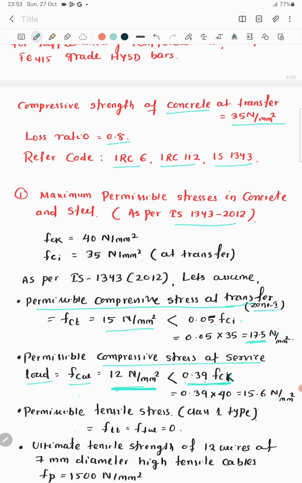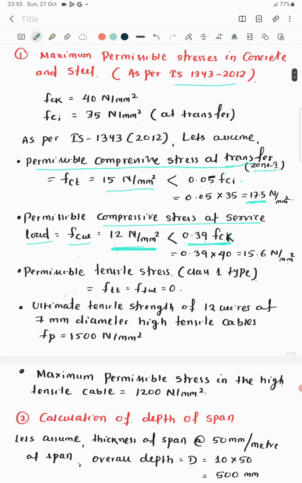Okay. So next, what is the permissible tensile stress? Since we have taken class 1 type, it will be 0. So here FTT is the permissible tensile stress value at transfer. The first T stands for tensile, the second T stands for transfer.